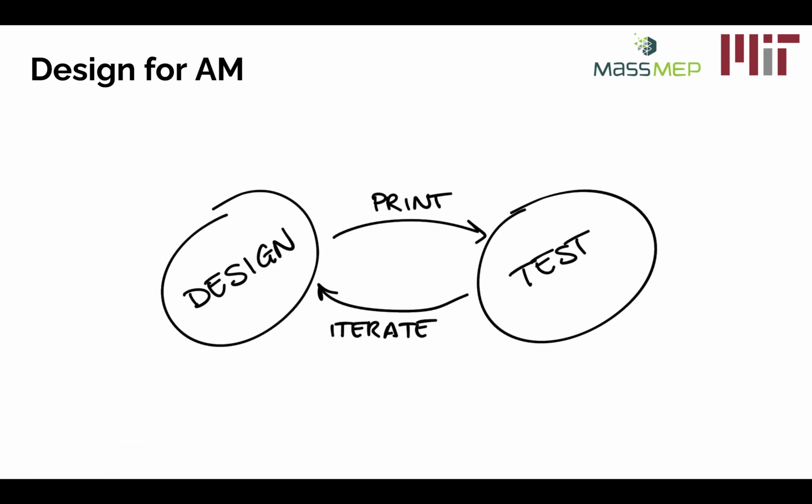So what we want to talk about in the following slides is how do you make that loop as small as possible? How do you streamline the process such that you can exit this loop and go from design, print, sell, or design, print, deploy, or whatever action word we want to use, rather than constantly spinning around and testing things and pulling your hair out and saying what's going wrong, I can't figure it out.